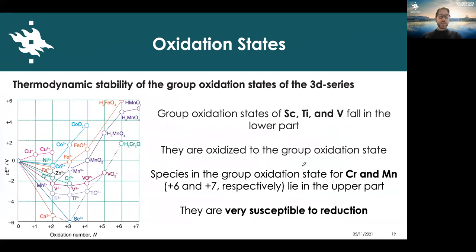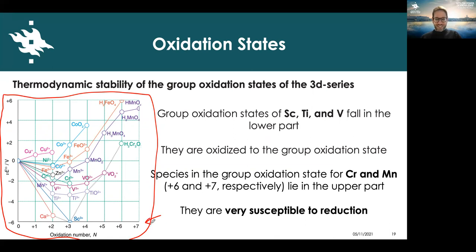These trends in the various oxidation numbers for the transition metals can also be visualized by this type of diagram, which shows oxidation number on the x-axis and energy on the y-axis. This means that species that are lower in the diagram are more stable.